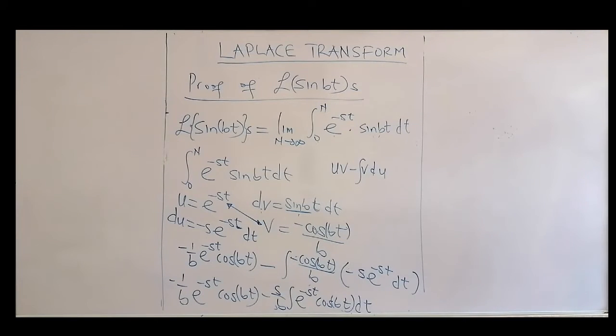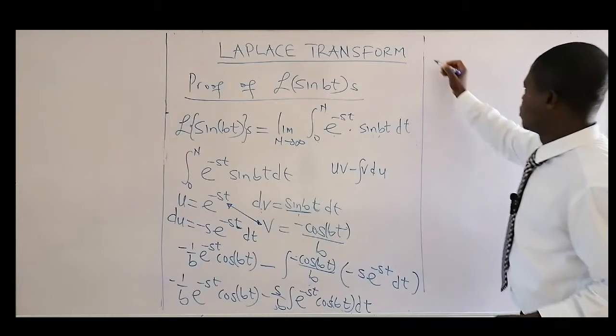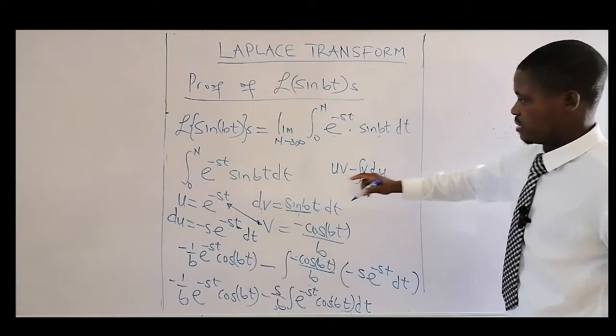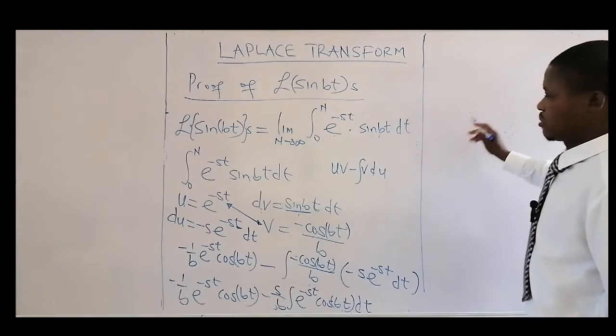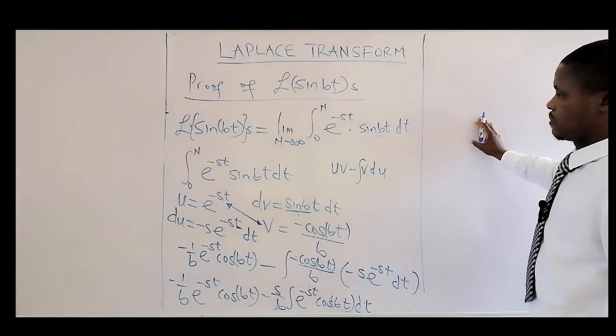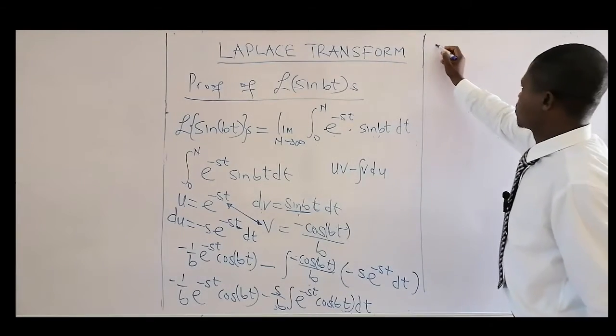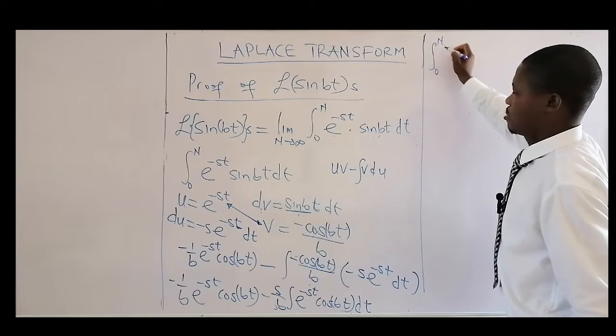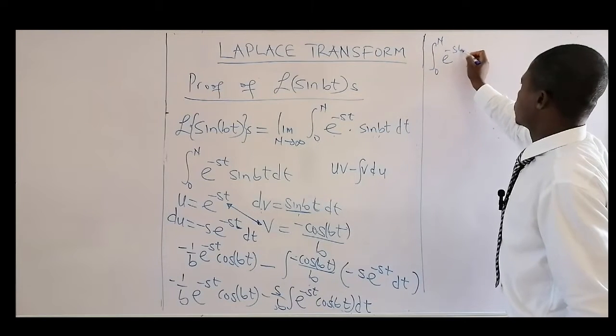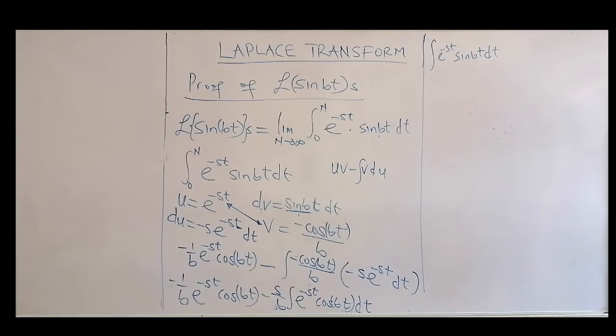Then don't forget our question. Our integral is this. That's our integral, which is the integral from 0 to this. Let's leave the upper and lower boundary for now.